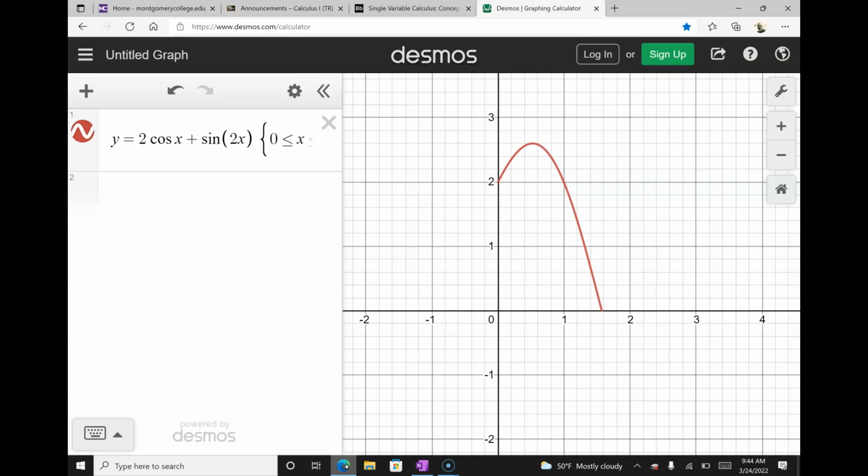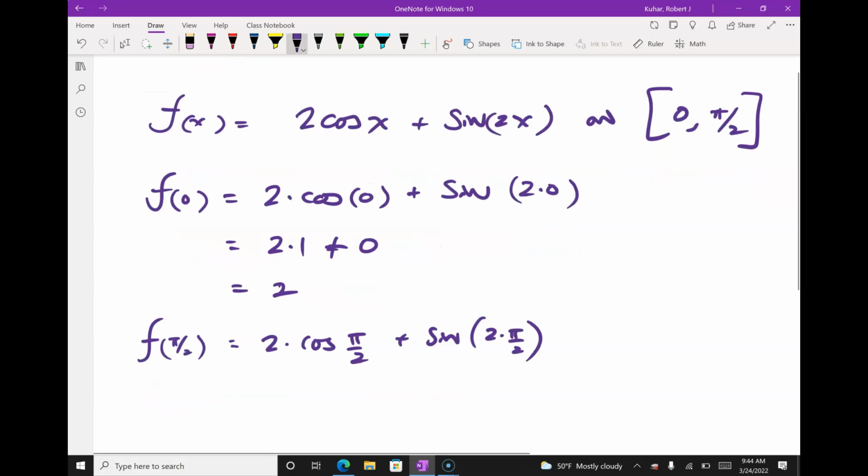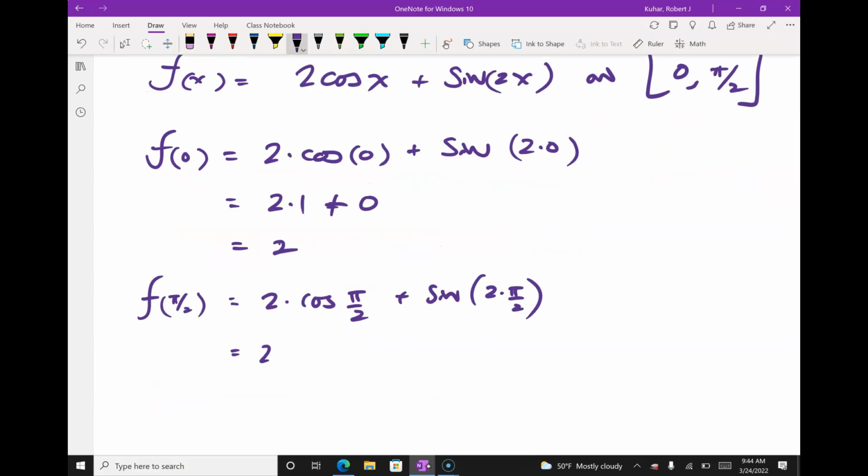I already know the answer to f of pi over 2 should be 0 because I can see the graph. But 2 times cos of pi over 2 plus sine of 2 times pi over 2. Cos of pi over 2 is 0, and sine of pi is 0. And yes, you should know your trig that well. If you don't, you can use your calculator, but you're wasting time.